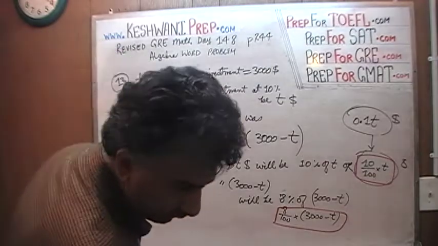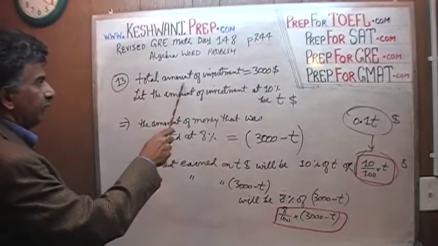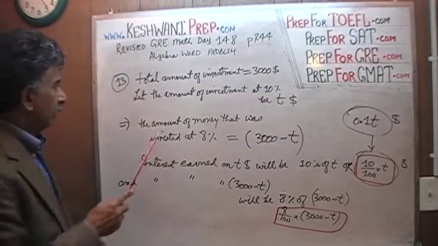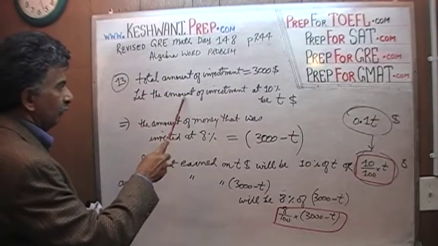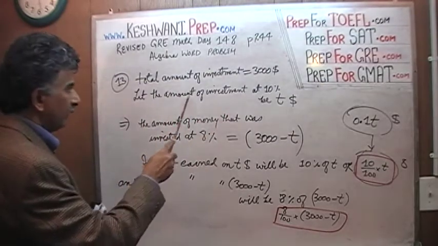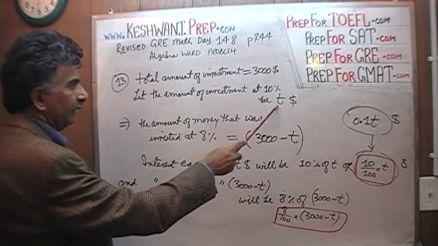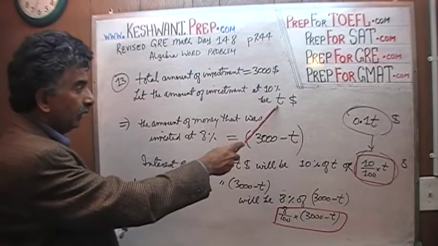So again, one more time. The total amount of investment was $3,000. We're saying that we let the amount of investment at 10% be represented by this symbol T, which is our unknown $T.